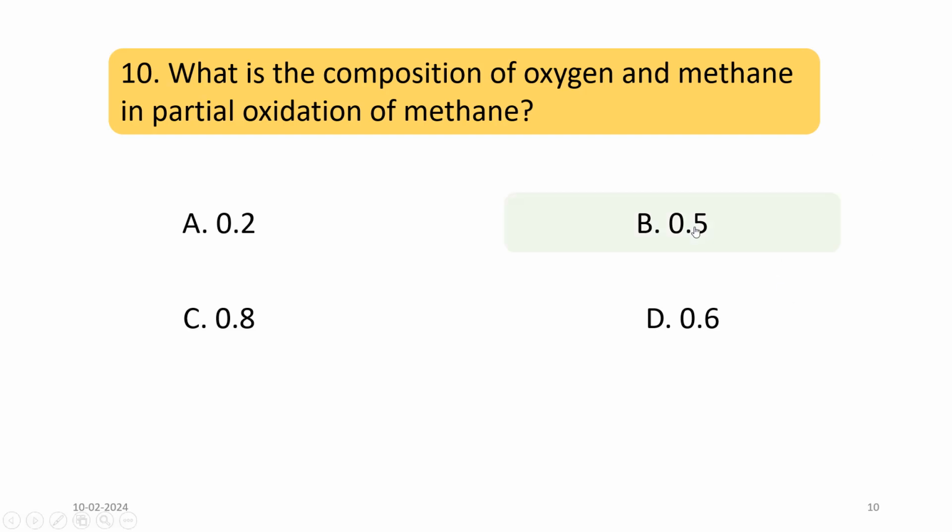Here the ratio of oxygen to methane is 0.5. If we keep this ratio, then the efficiency of syngas production will be higher in the case of partial oxidation of methane.